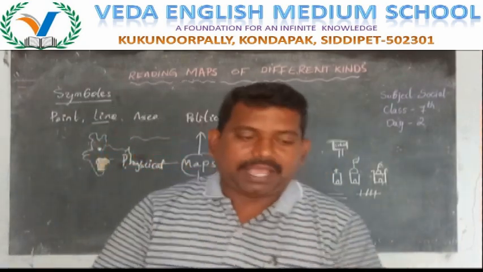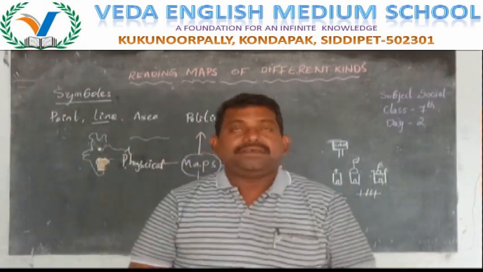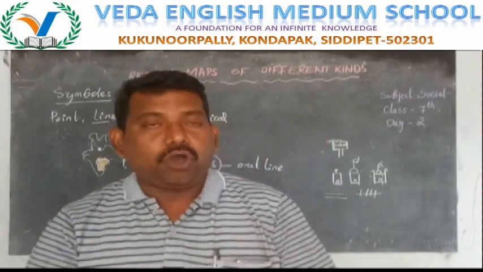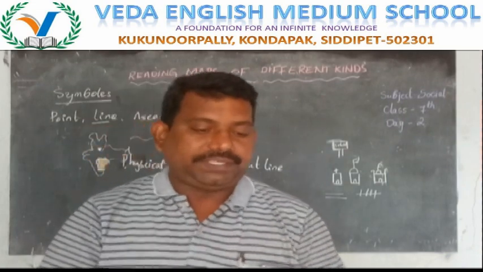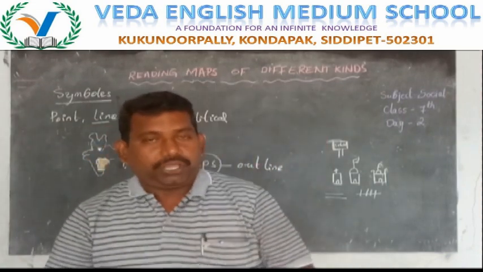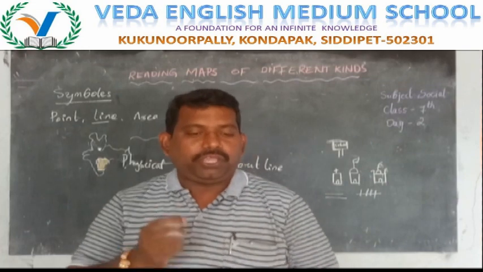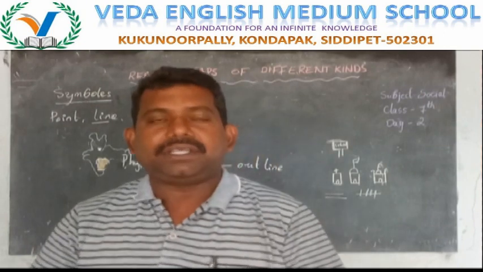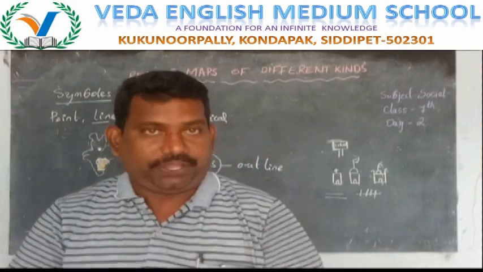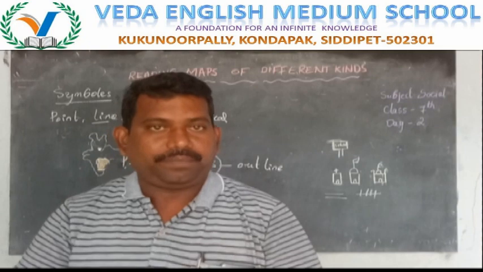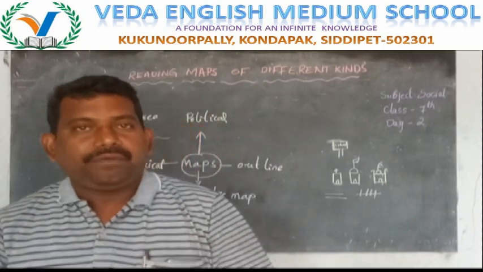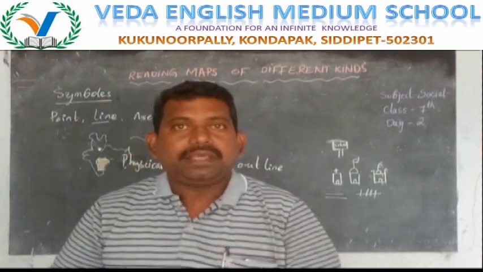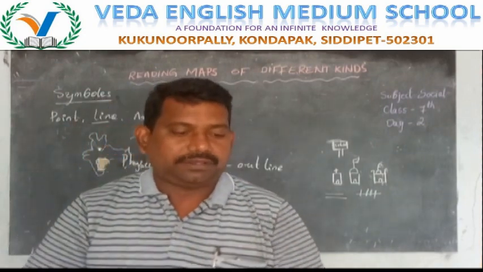Now, in this 7th class, we will learn about the physical map. What is a physical map? How can we identify the physical map? In this physical map, we usually find different parts of the land colored differently.